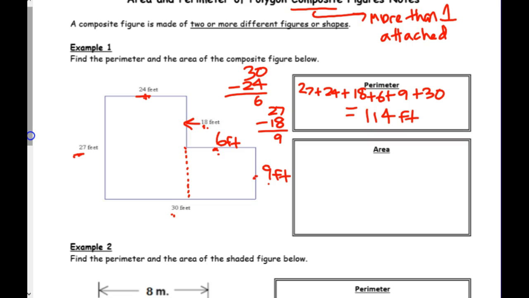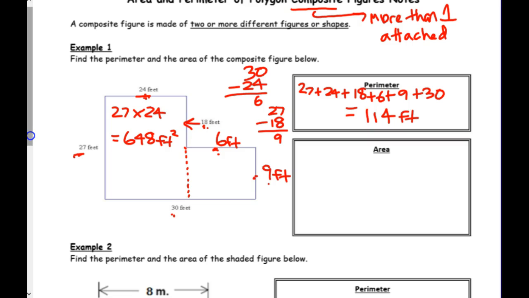You just did it on number 1. 27 times 24. What is 27 times 24? 648. So that's 648 feet squared.